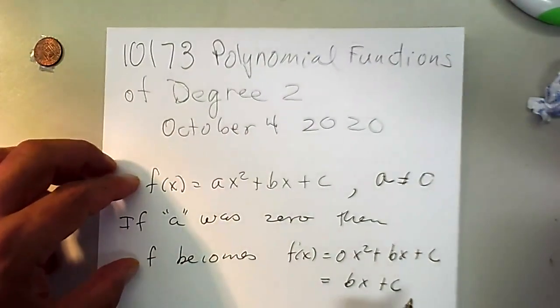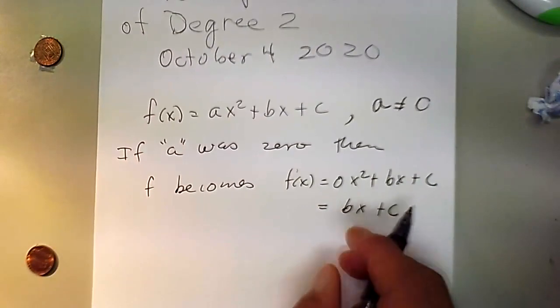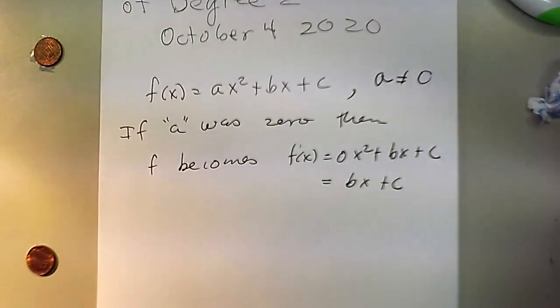Very, very important. Also, be aware that if a polynomial starts out not being quadratic, but eventually we can write it as a quadratic polynomial, then we have a quadratic polynomial.